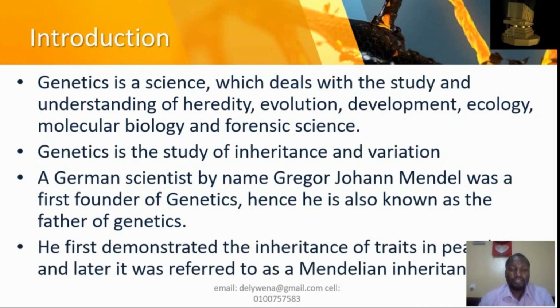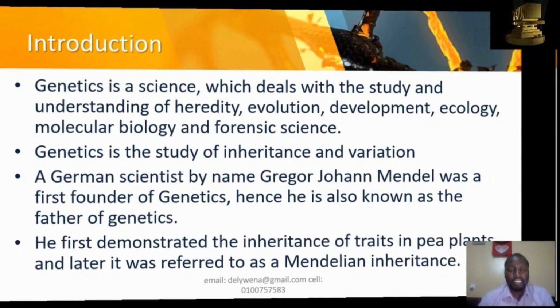He first demonstrated the inheritance of traits in pea plants. So we are going to look at a lot of pea plants, and later it was referred to as the Mendelian inheritance.